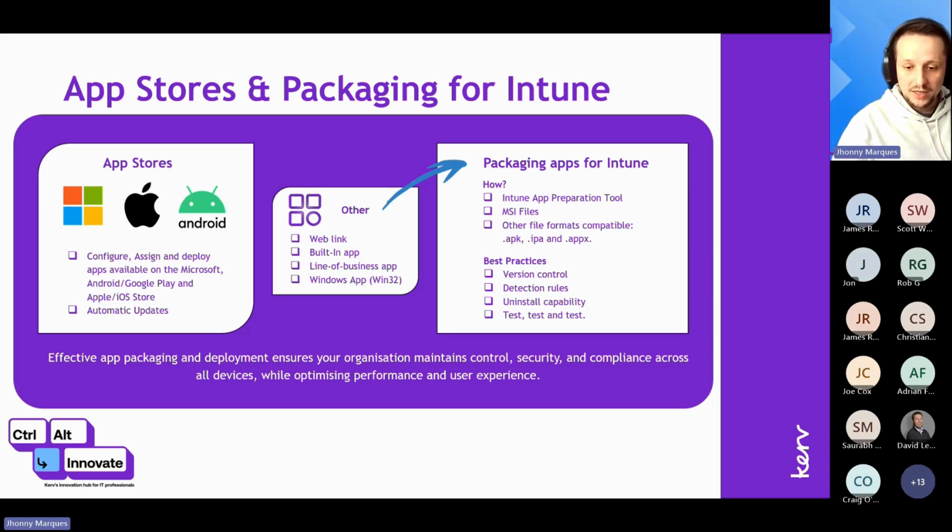Now, with packaging, it's not as simple as using apps that are readily available on the stores, because those will come pre-configured with installation prompts, uninstallation prompts, and obviously the version control and all of that. When you package apps in Intune, you need to make sure that you have detection controls and rules in place.